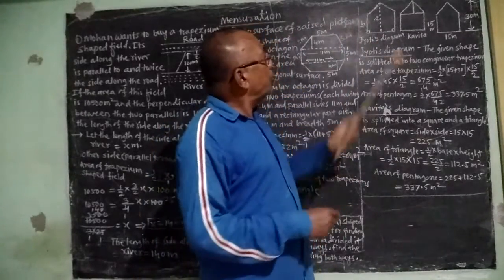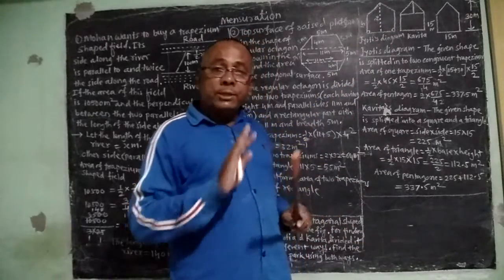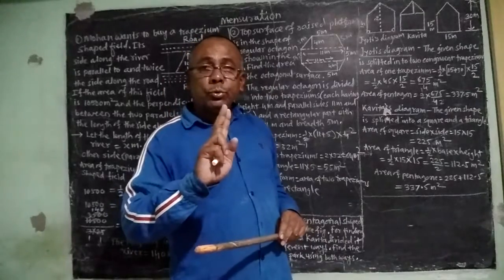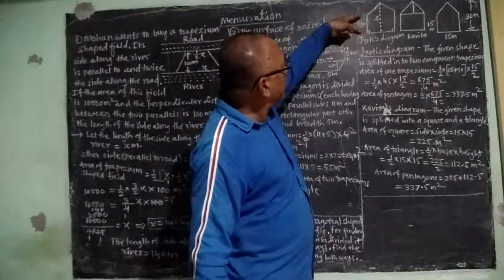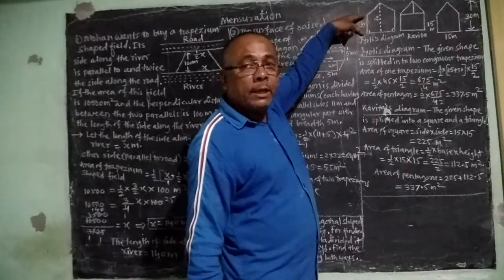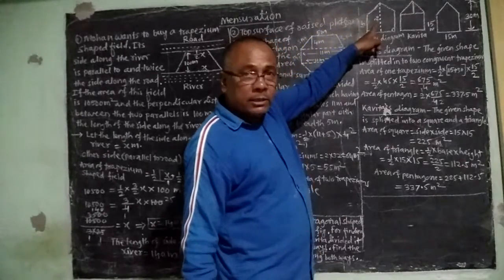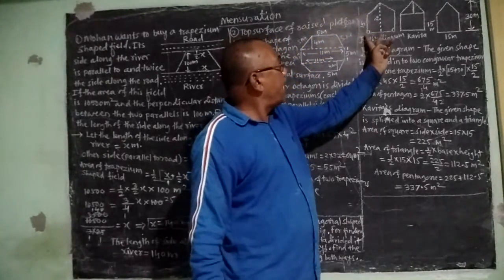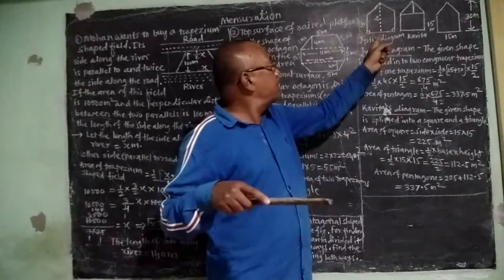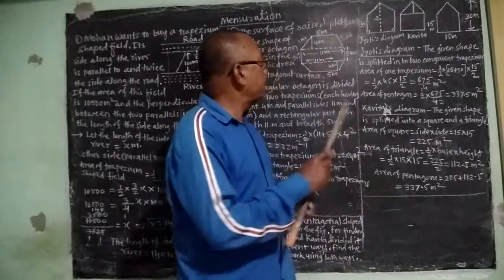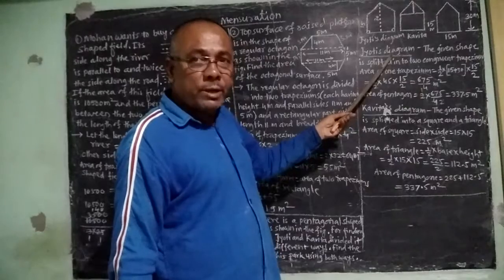But here, due to the perpendicular, the pentagonal park is divided into two trapeziums, in which the lengths of the parallel sides are 15 meter and 30 meter, and the height is 15 upon 2, means half of the 15. According to Jyoti's diagram, we will find the area.